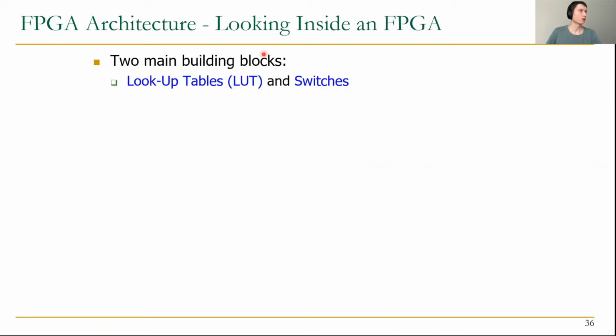Okay, as I mentioned in the previous slide, there are two main building blocks: the logic blocks, which we'll refer to as lookup tables here, a simpler version of a logic block, I would say, and also switches, which we use to connect the lookup tables to each other.